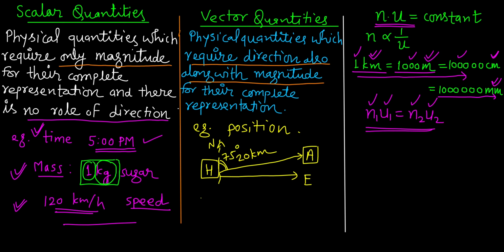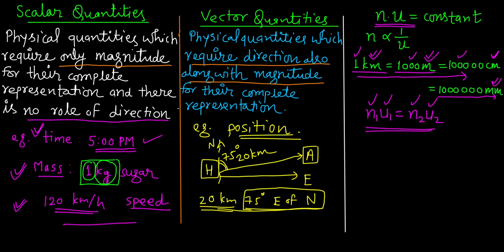You say that he has to move 20 kilometers, 75 degrees east of north. Then that person will be able to reach exactly the airport. So you see here that 20 kilometers is the magnitude, and along with that you also need to tell the direction in which the person needs to move to reach the airport. So position is a quantity which requires direction along with its magnitude for complete representation.